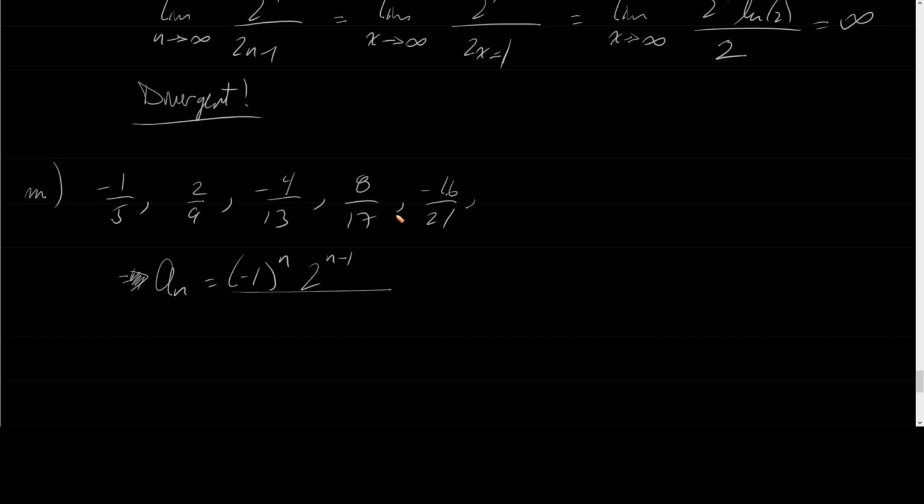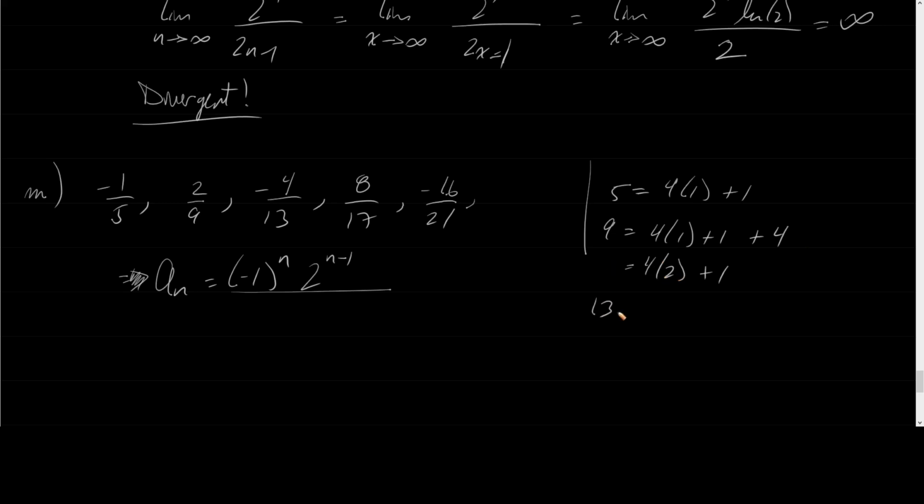Since we're adding 4 each time, let's look at that 5. 5 is the same thing as 4 times 1 plus 1. 9 is the same thing as adding 4 to that, which is 4 times 2 plus 1.